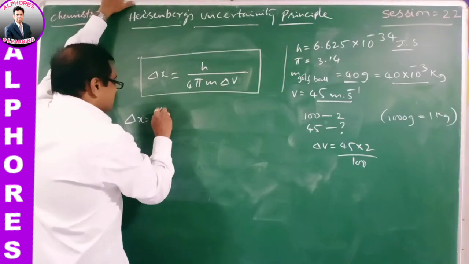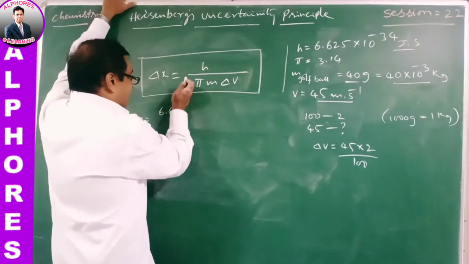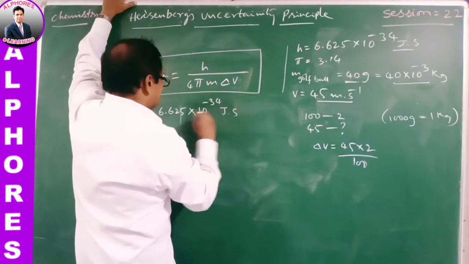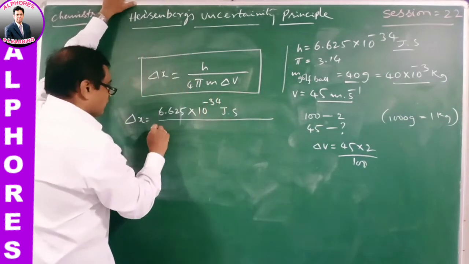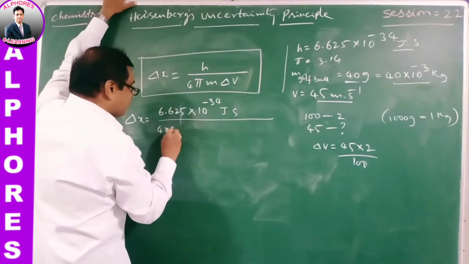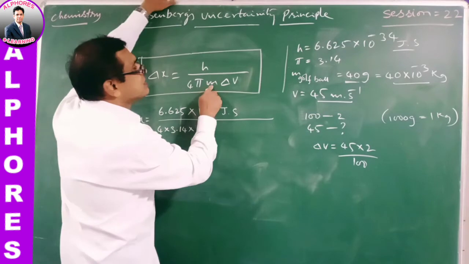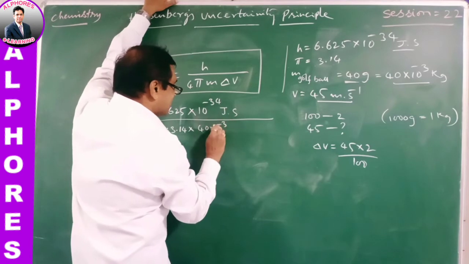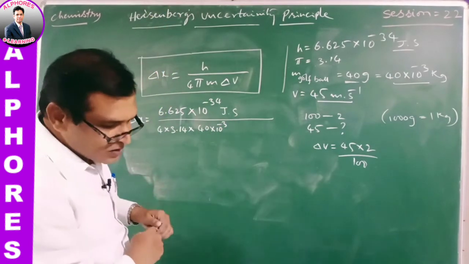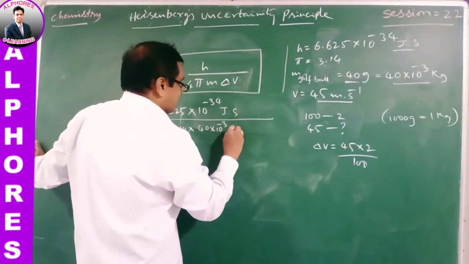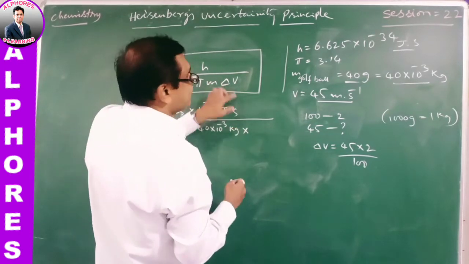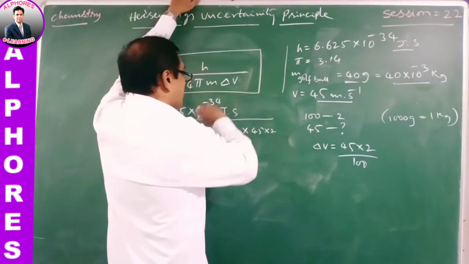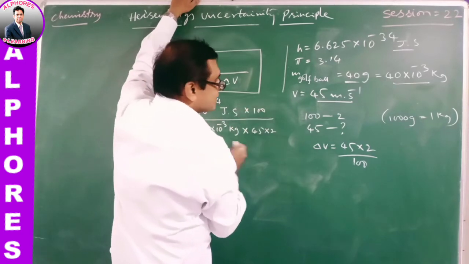That is 6.625 into 10 to the power minus 34 joule seconds divided by 4 into 3.14 into the mass of the golf ball, 40 into 10 to the power minus 3 kg, into delta V, that is 45 into 2 by 100.